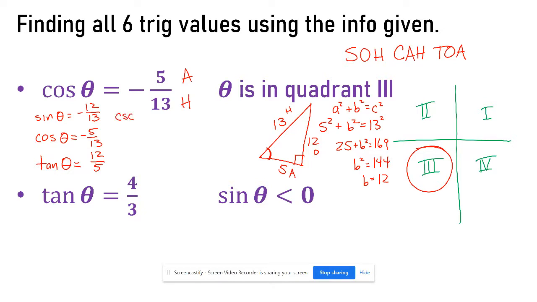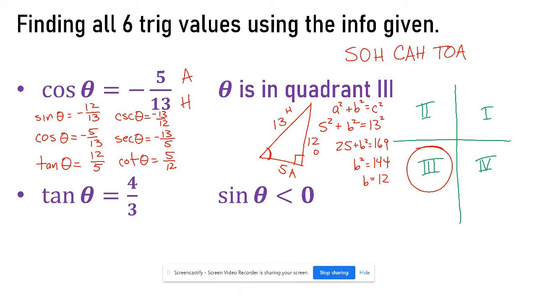Cosecant, I just take my negative 12 over 13 and make it negative 13 over 12. Secant, negative 5 over 13 becomes negative 13 over 5. And cotangent, 12 over 5 becomes 5 over 12. Notice that the cosecant, secant, and cotangent have the same sign as their reciprocals. So if sine is negative, cosecant is negative, and so forth.